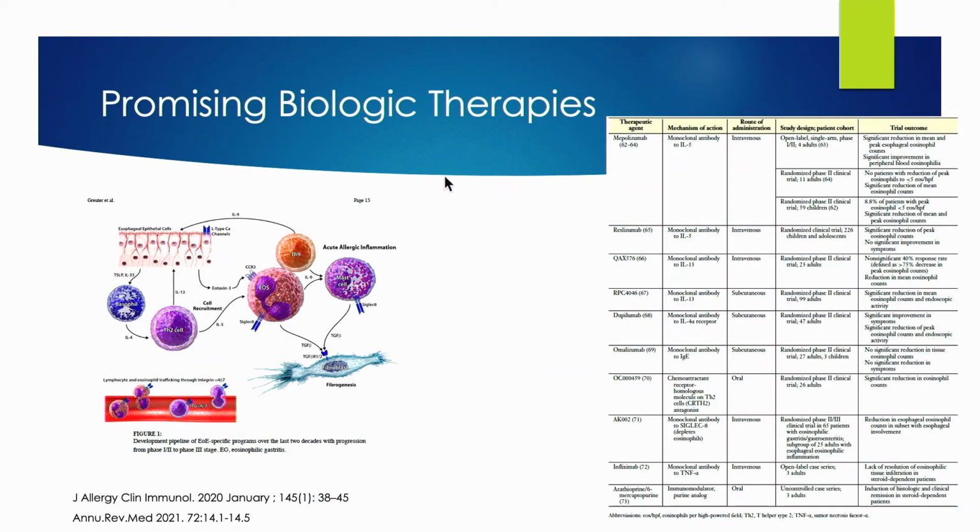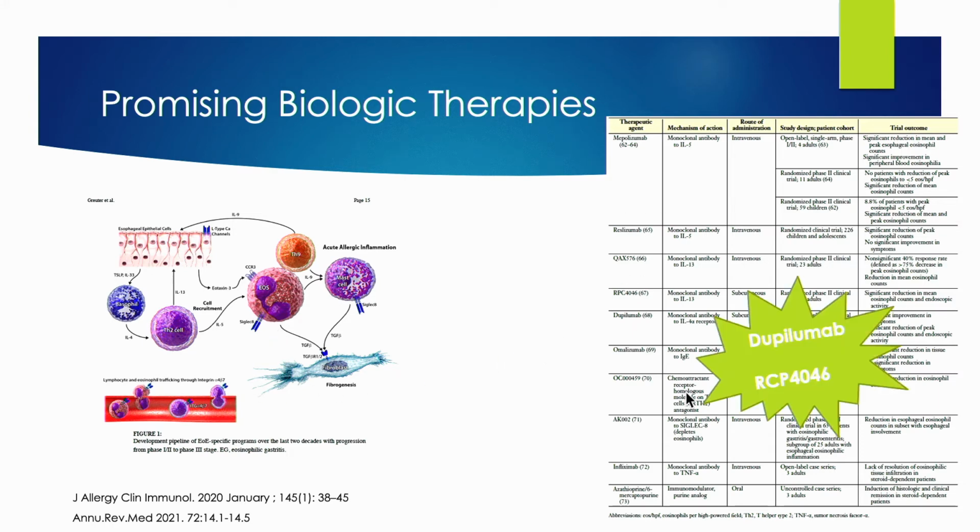Now, there are promising biologic therapies. So this is another rendition of the pathophysiology. And this is to show you that there are a lot of molecular targets that are being investigated, including blockade of anti-IL-4, anti-IL-13, and some molecules like Siglec-8 that are present on eosinophils and trafficking.